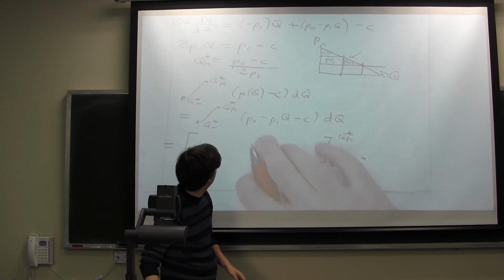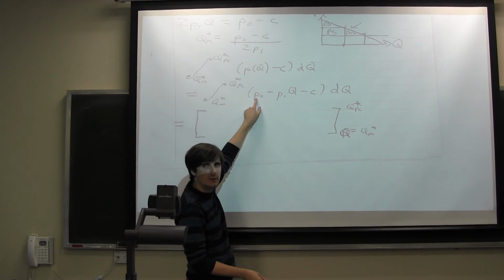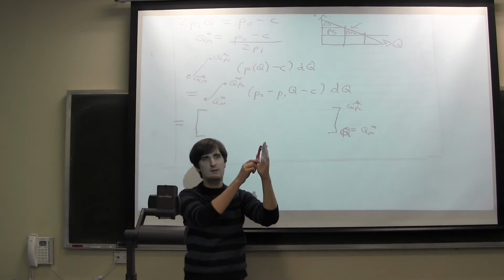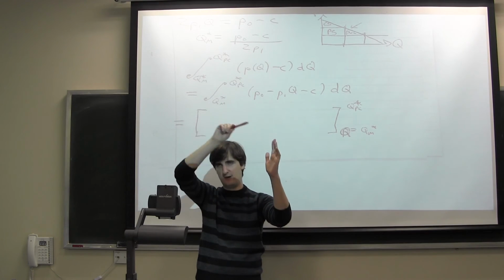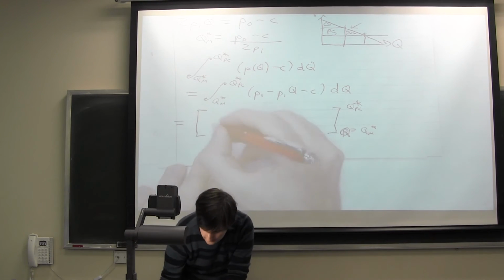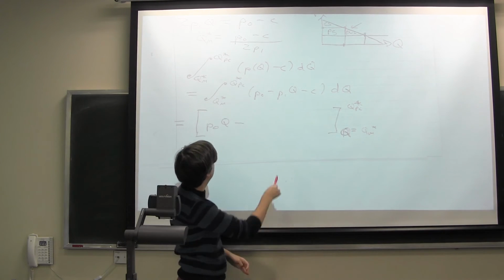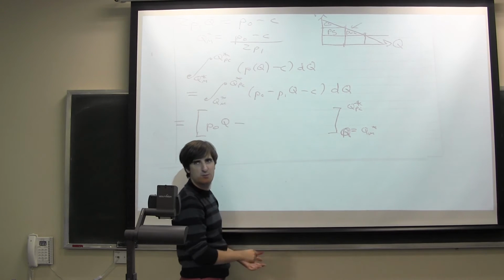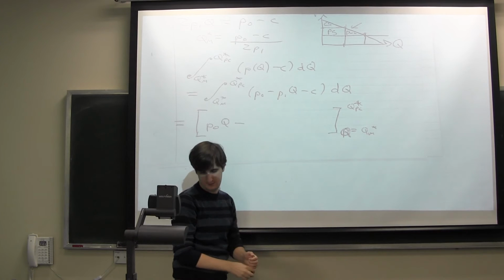So let's just work out what the indefinite integral is. The indefinite integral of P0 is just a constant, so the area under a straight line is like a box. The indefinite integral of P0 is P0 times Q. What's the indefinite integral of P1 times Q? P1 Q squared over 2. Yeah, exactly.